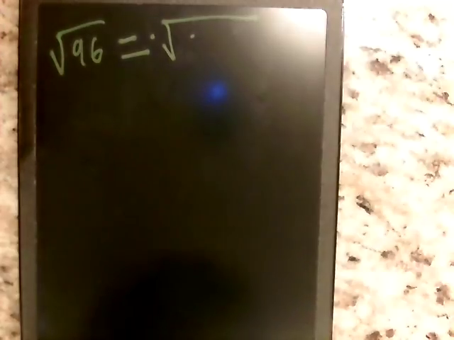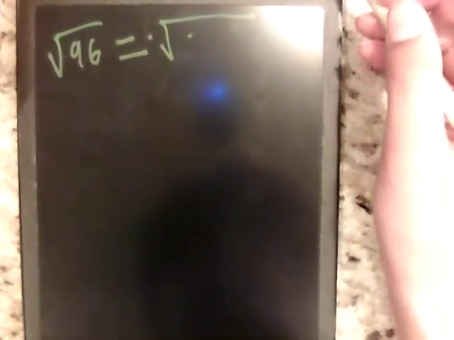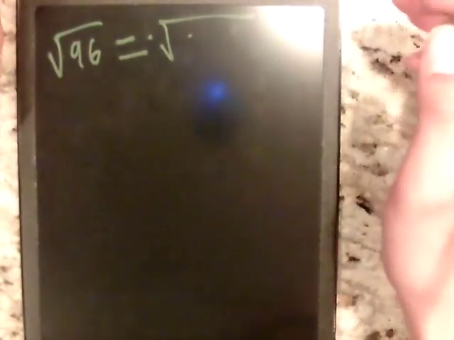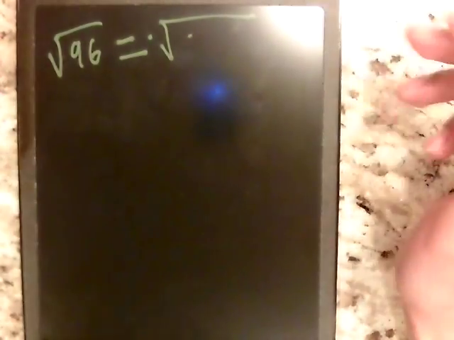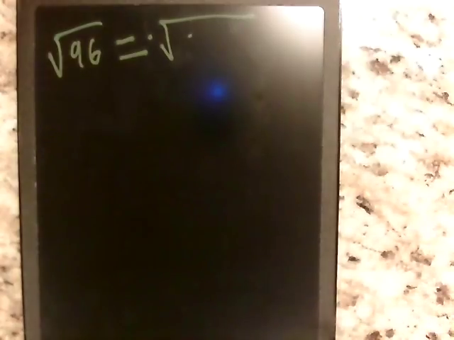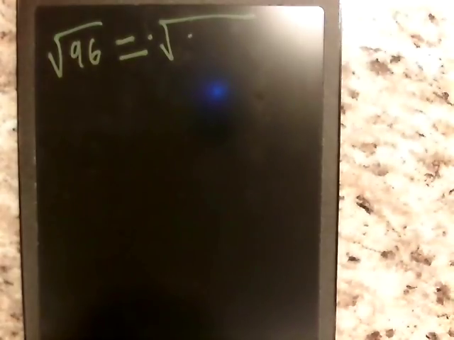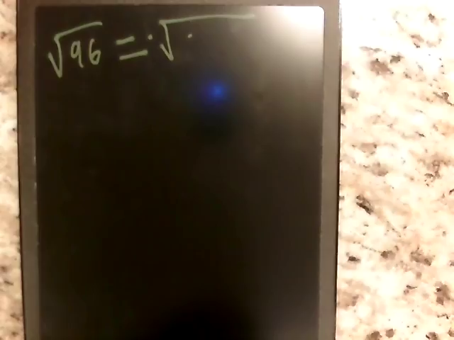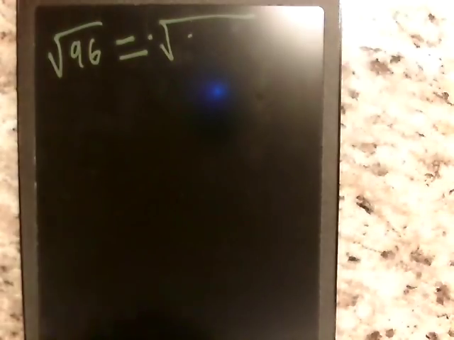I'll explain that. So root of 96, to simplify a radical, we have to find the largest square factor of that number. So let's check. 1 works because everything's divisible by 1. Then 4 actually works.